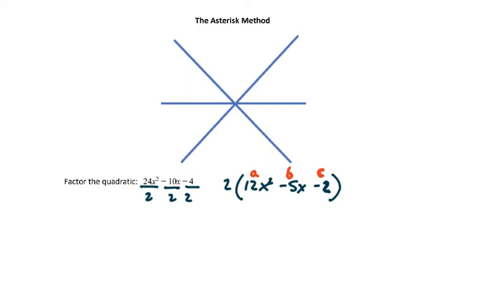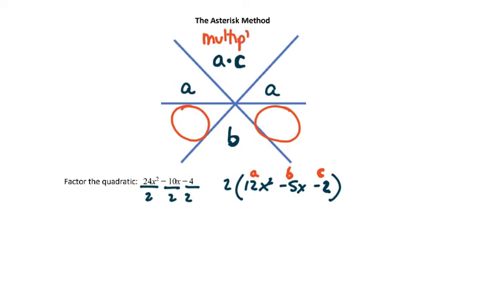So if I do this right, I put a times c up top, I put a in the sides, I put b in the bottom, and then these are the numbers I'm trying to find. What I'm trying to find is which two numbers multiply. That's supposed to be a times sign. But they multiply to get the number on top, and we add those same two numbers and get the number on the bottom. And we're going to see that in this problem we're about to do.